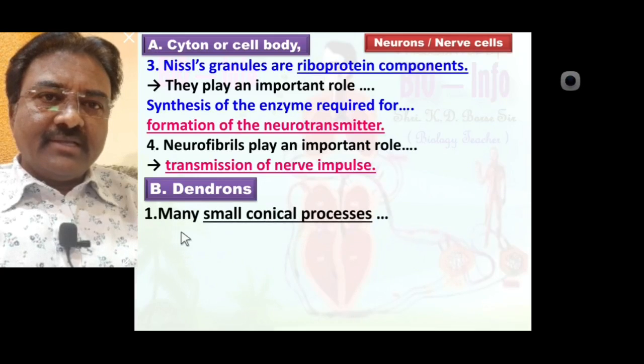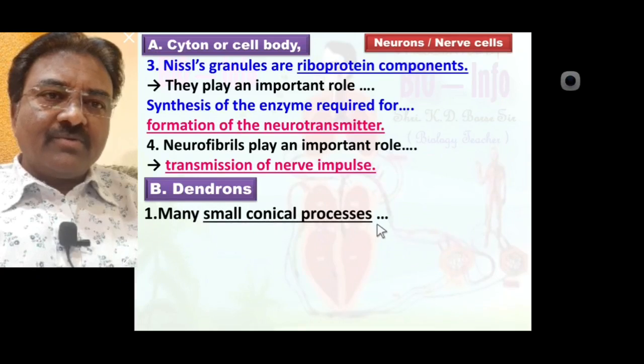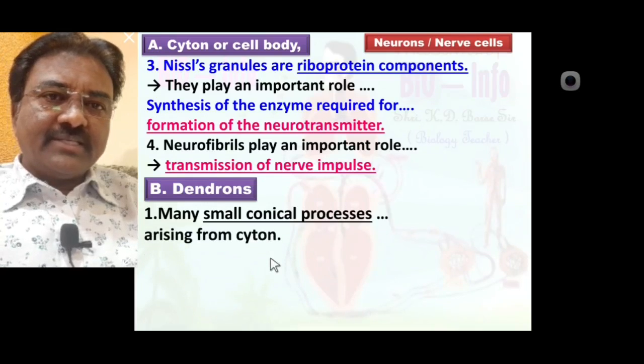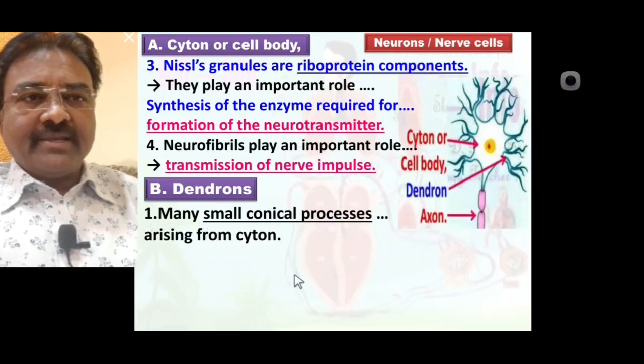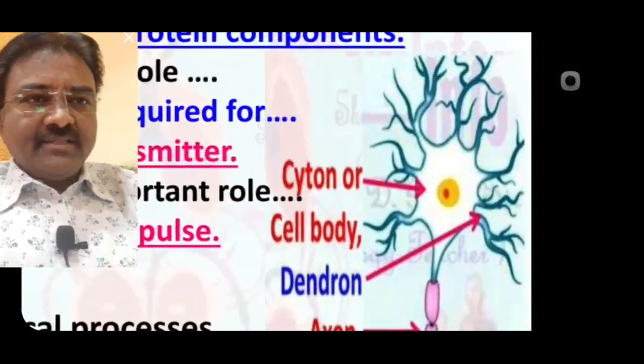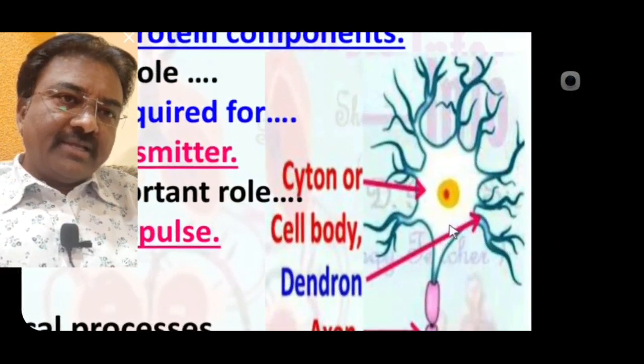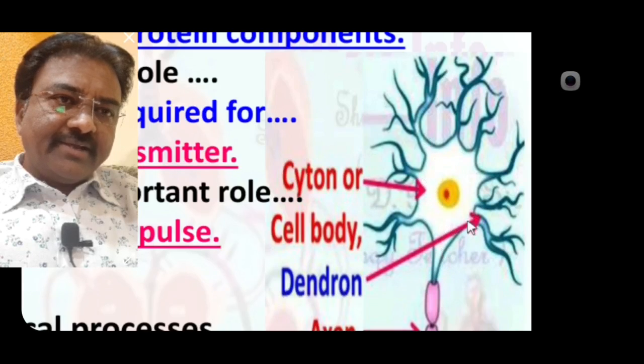Now we learn dendron, second part of the neuron. Dendrons are many small conical processes arising from cyton. See here the diagrammatic representation. This part is cyton, and from cyton many small conical projections or origins are called dendron.